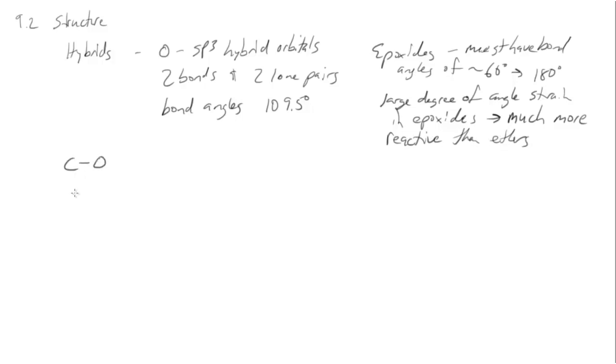And of course, all of the C-O and all of the O-H bonds are highly polarized, with a delta minus on oxygen, delta plus on carbon, delta minus on oxygen, delta plus on hydrogen. This is what's going to lead to the reactivity of each of these groups.